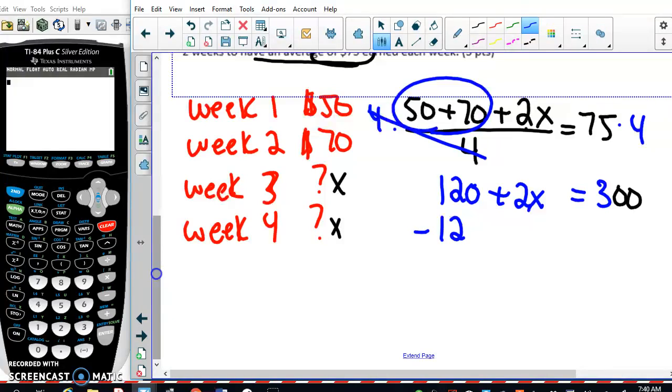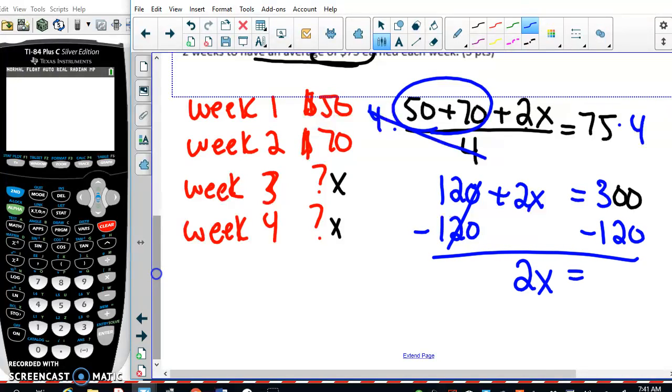So subtract 120, subtract 120. That gets 2x equal to 300 minus 120, which is, I want to say 180. 180, divide both sides by 2, and x is equal to 90, okay?